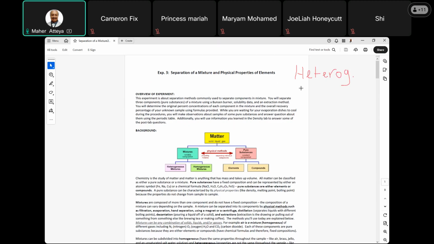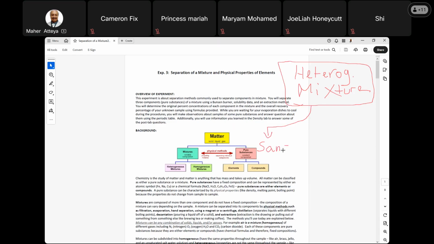But this heterogeneous mixture is made of 3 components. First component is sand. Second component is salt, kitchen salt.